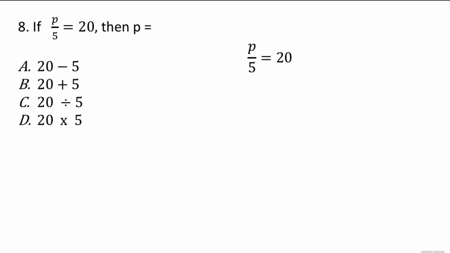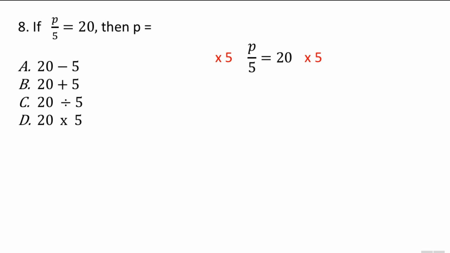Thinking. Guys, that p is being divided by 5, which therefore means the only way you can get that p by itself is to do the opposite operation of division, which is to multiply. So I have to multiply my left-hand side by 5, but guess what, guys? To keep the equation balanced, I must also multiply my right-hand side by 5.